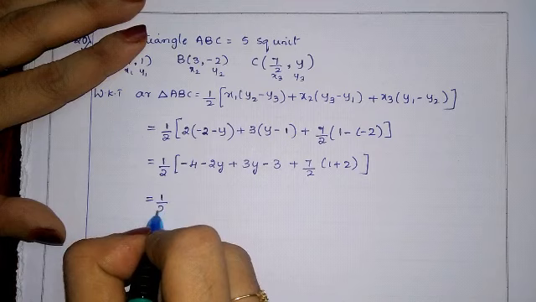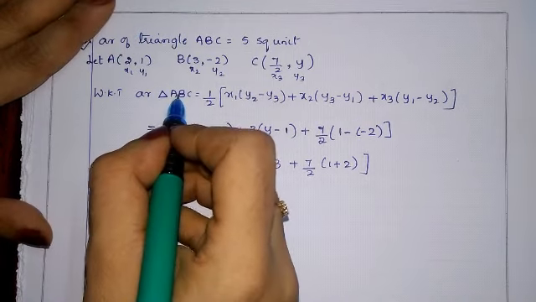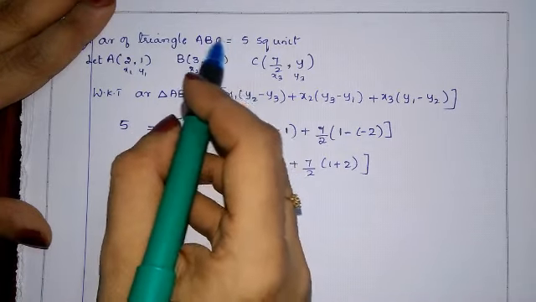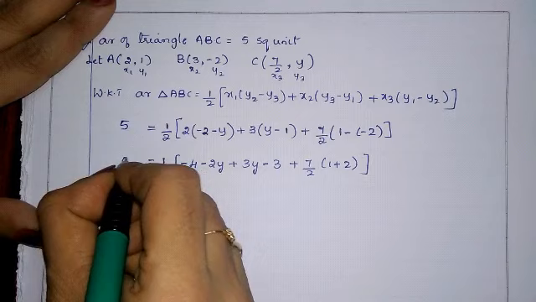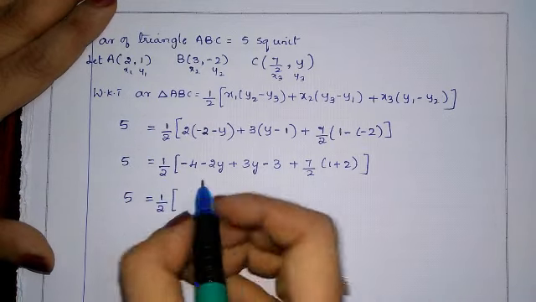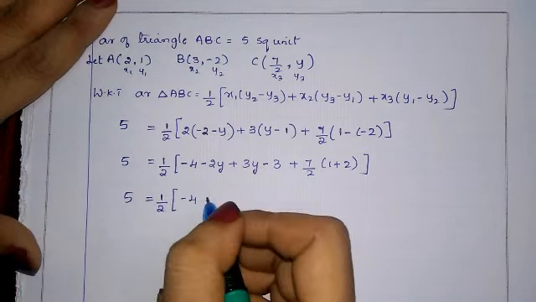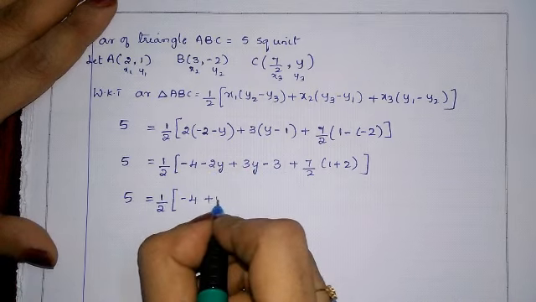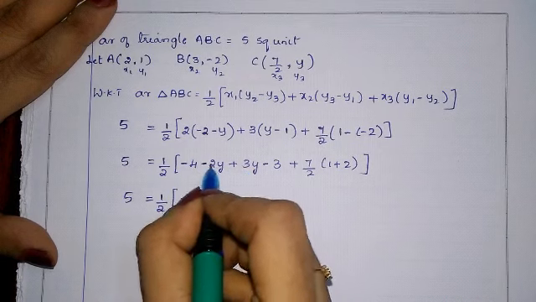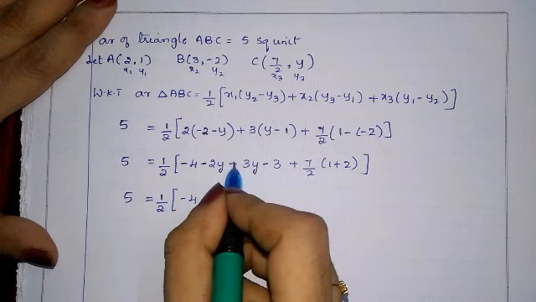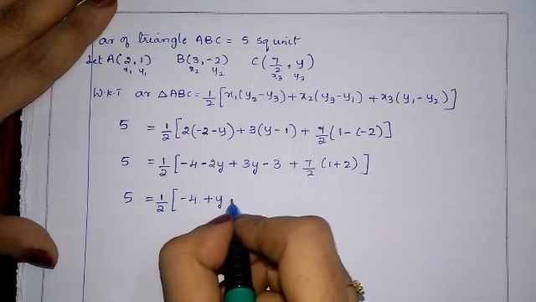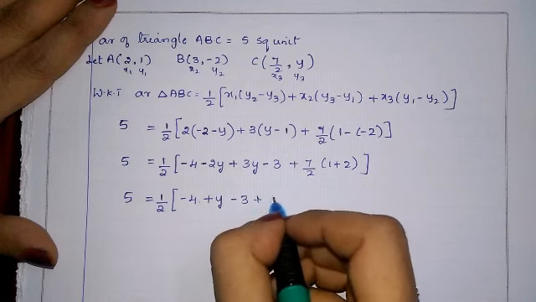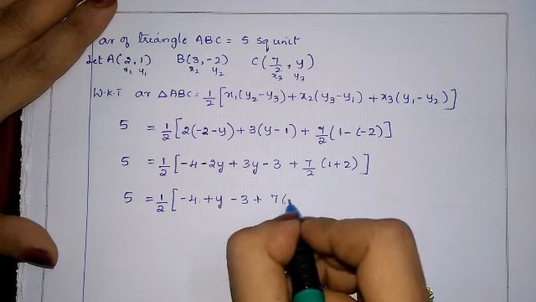Area of triangle is 5 square units, so I'll write 5 here, I forgot to write 5. 5 equals half of minus 4, 3y minus 2y is plus y, minus 3, plus 7 by 2 into 3.